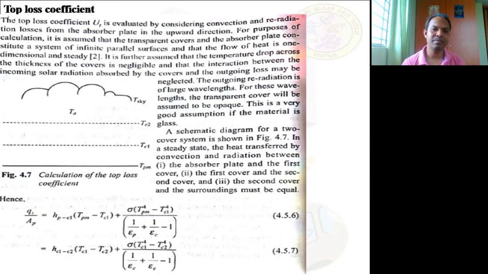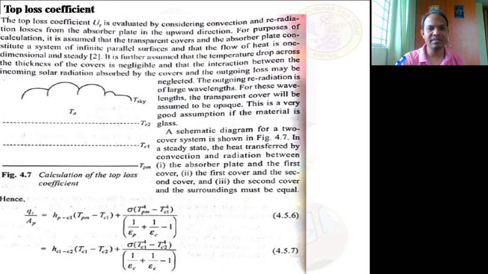The schematic diagram for two dimensional is given here in this figure. It is a steady state heat transfer by convection and radiation between the absorber plate and the covers. Now you can see this is an absorber plate, the first cover which is TC1 and the second cover which is TC2.